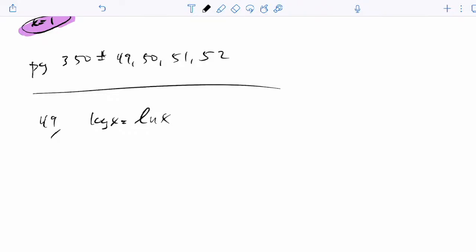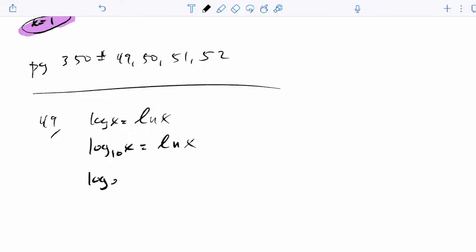So if you're answering number 49 here and you want to solve for this, what's the best way? I would probably just do a change of base for number 49. So this reads log base 10 of x is ln of x.